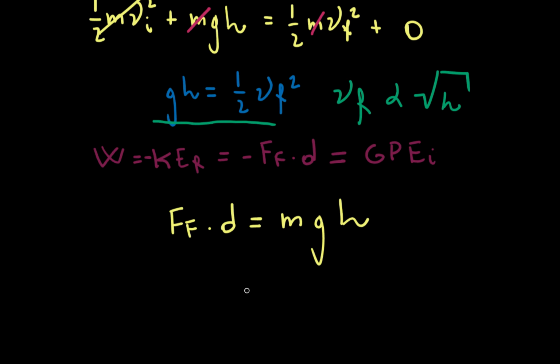So it basically says from that activity that the stopping distance is directly proportional to height, which means that if you increase the height from which the car drops, the stopping distance will increase in the same way. So if you double the height from which you drop the car on that ramp, the stopping distance is also going to double.